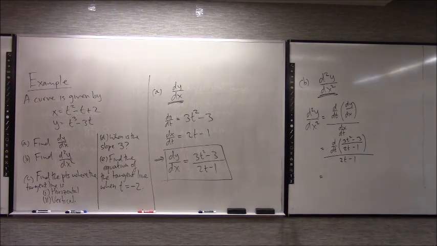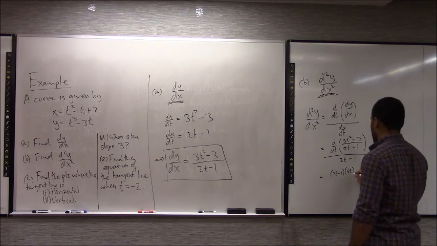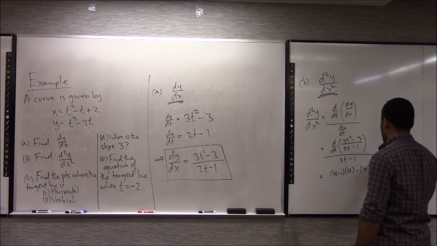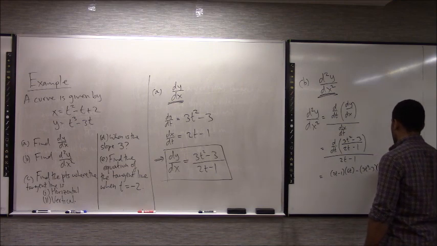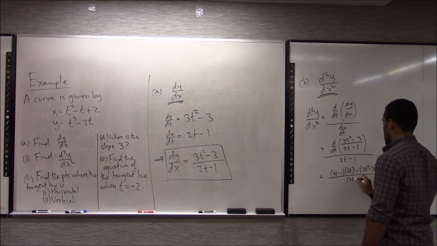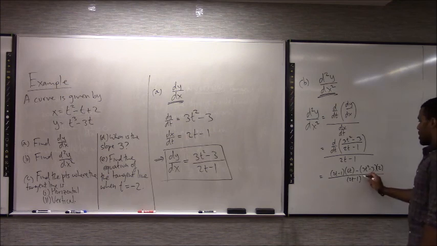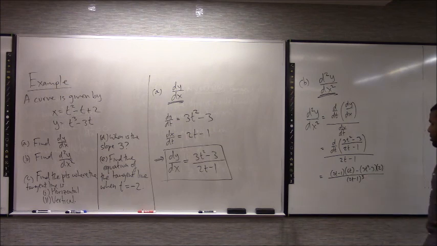So now we would actually find that using the quotient rule, I guess. So it's going to be the bottom times the derivative of the top minus the top times the derivative of the bottom, all over the bottom squared. And then I divide by the 2t minus 1 again, so that's going to be the bottom cubed.